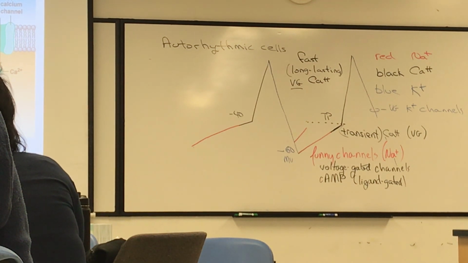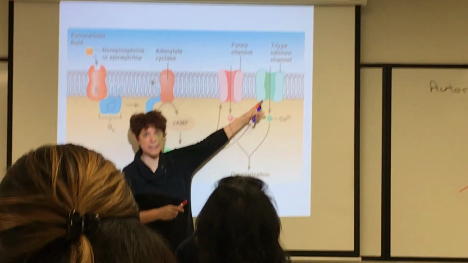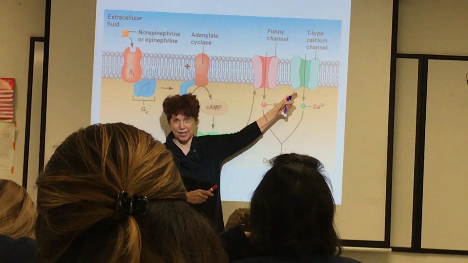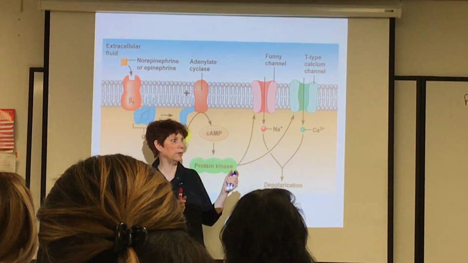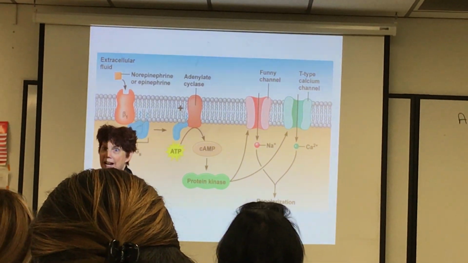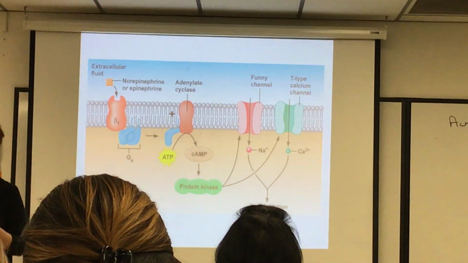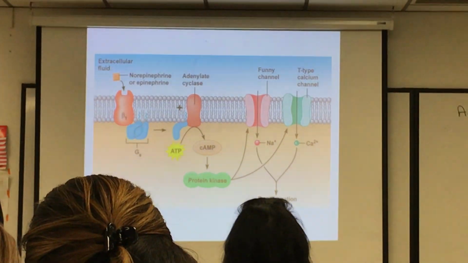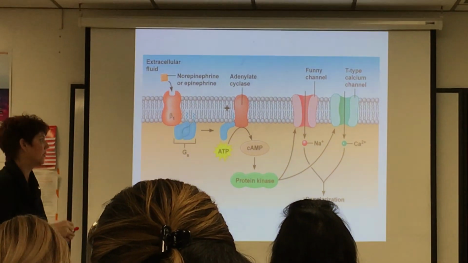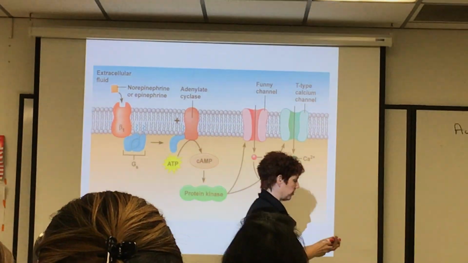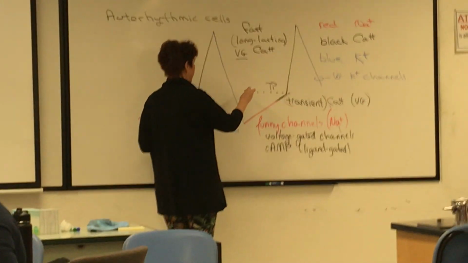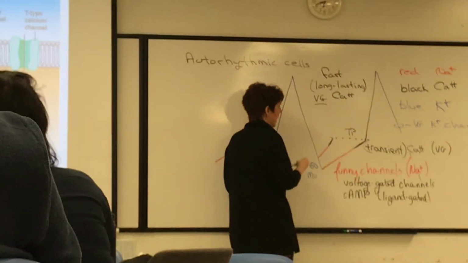In addition, we activate protein kinase, and that causes more transient calcium channels to open. So what we're doing between these two is adding more positive ions to the cell so it reaches threshold earlier. So we open up more of the transient, we get there faster, all right?